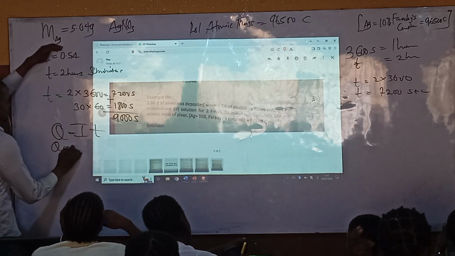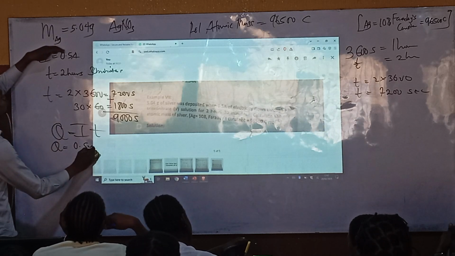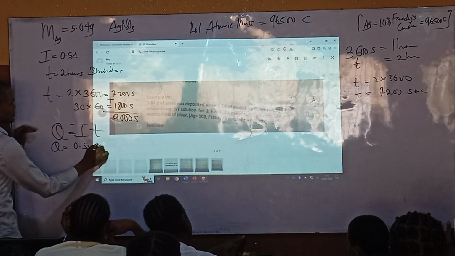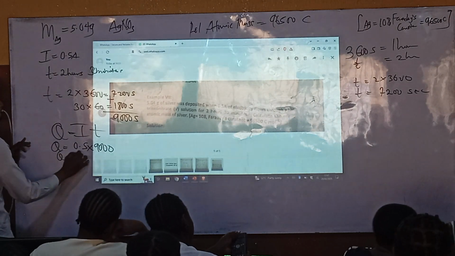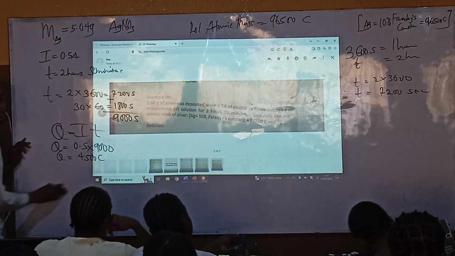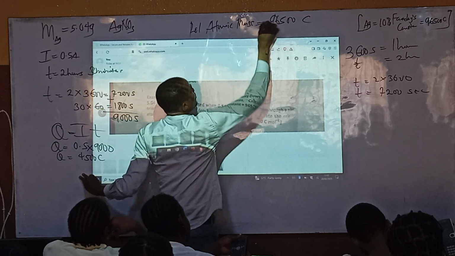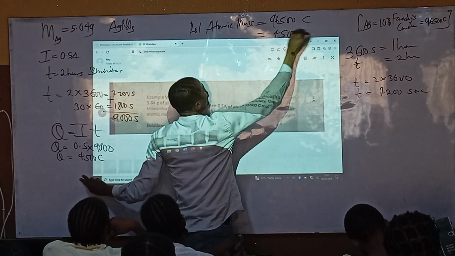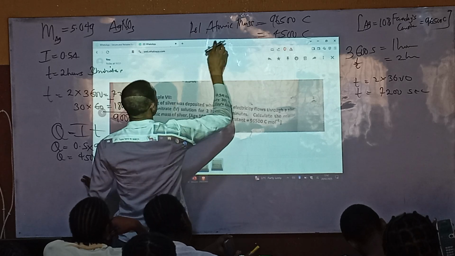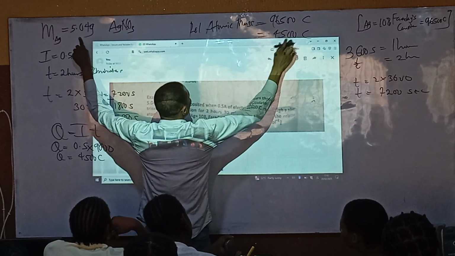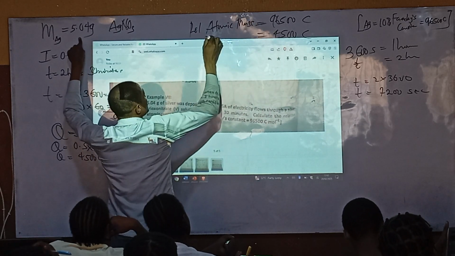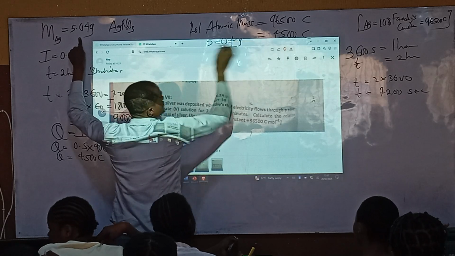Q is I times t, in coulomb. Now this will be 4,500 coulomb. What of the mass that was liberated? 5.04 gram.